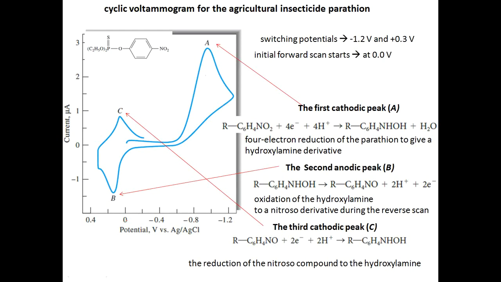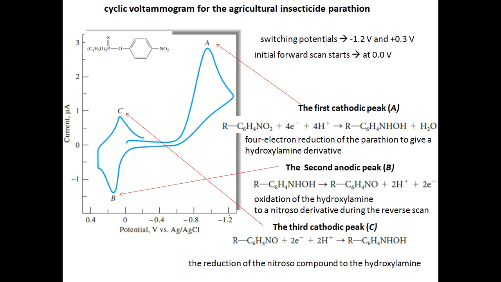So this is a cyclic voltammogram for the agricultural insecticide parathion, whose structure is given here. It has a nitro group, an ester linkage here, and an ether linkage here, right? So this is parathion, an insecticide which kills insects.